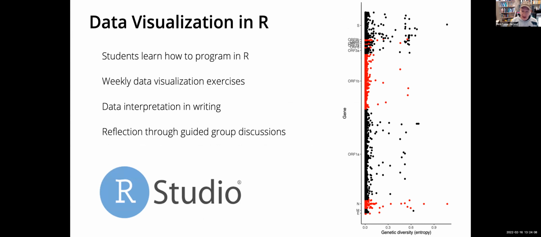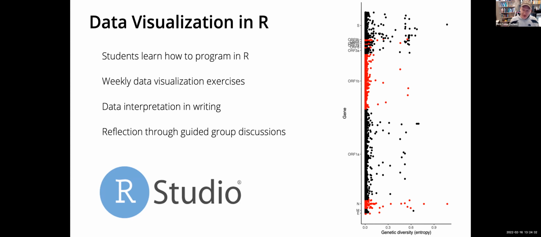Essentially, I expose students to classical or interesting data sets that I find in the literature, where they have to visualize data, make some inferences, and offer their interpretation in writing every week. And that's also facilitated through group discussions where we discuss their findings.